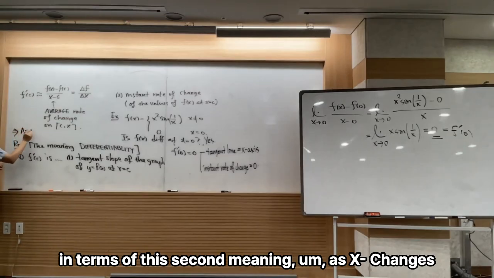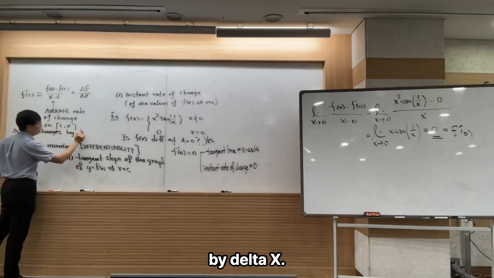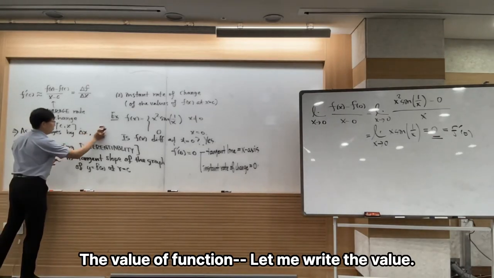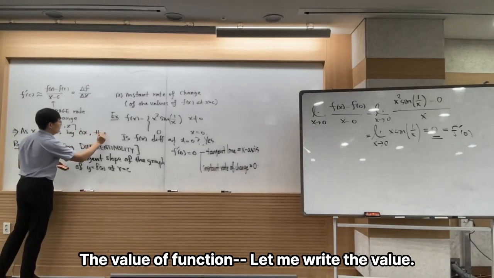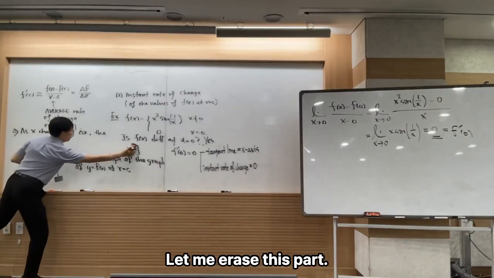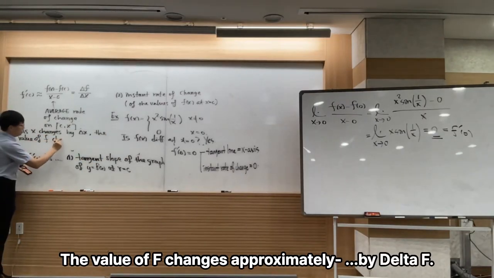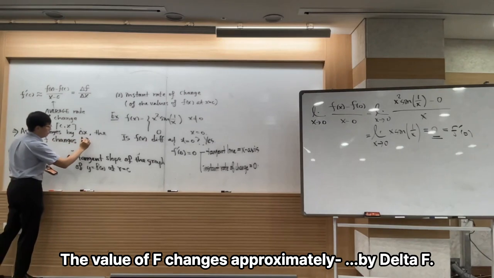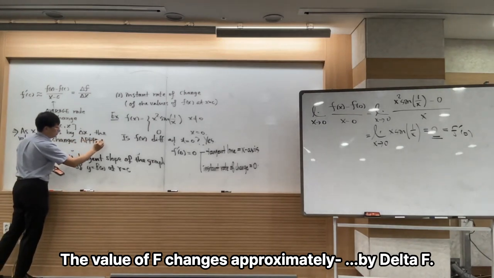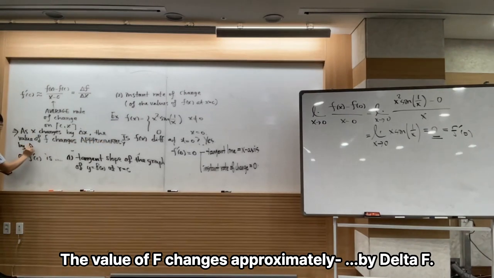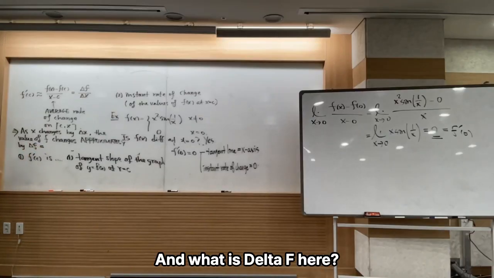So from this approximation, in terms of this second meaning, as x changes by delta x, the value of f changes approximately by delta f. And what is delta f here?